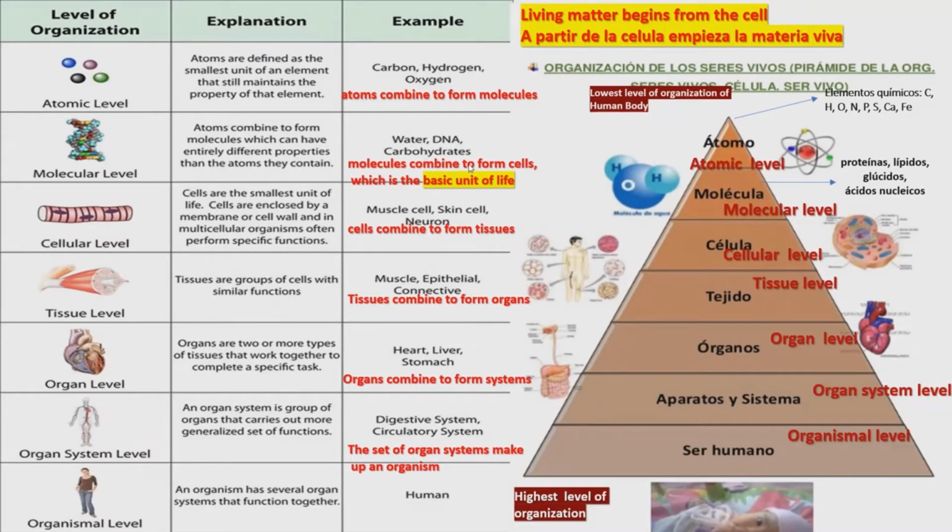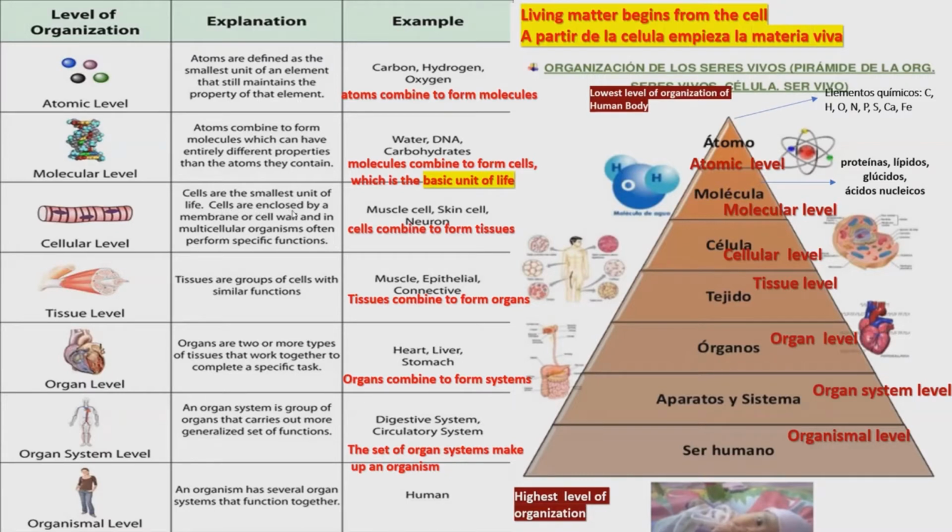Molecules combine to form cells, which are the basic unit of life. It's very important to remember that the basic unit of life, the smallest unit of life, is the cell.